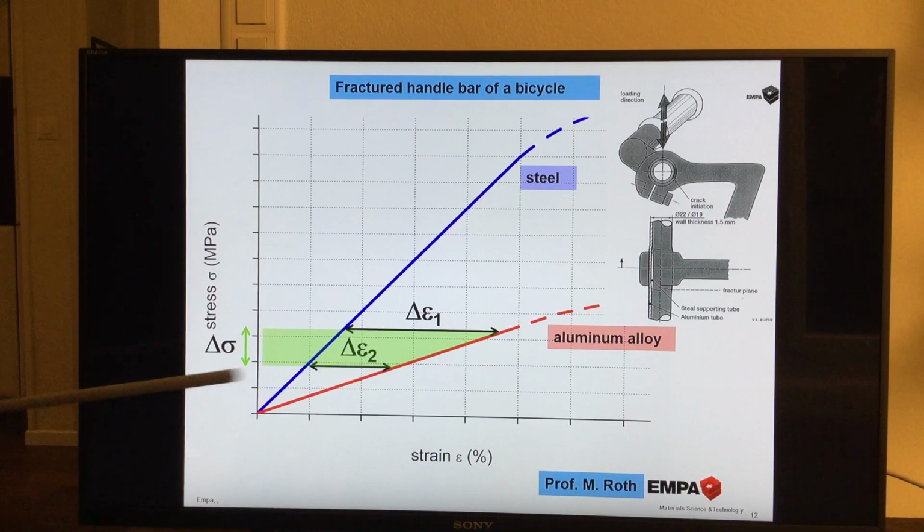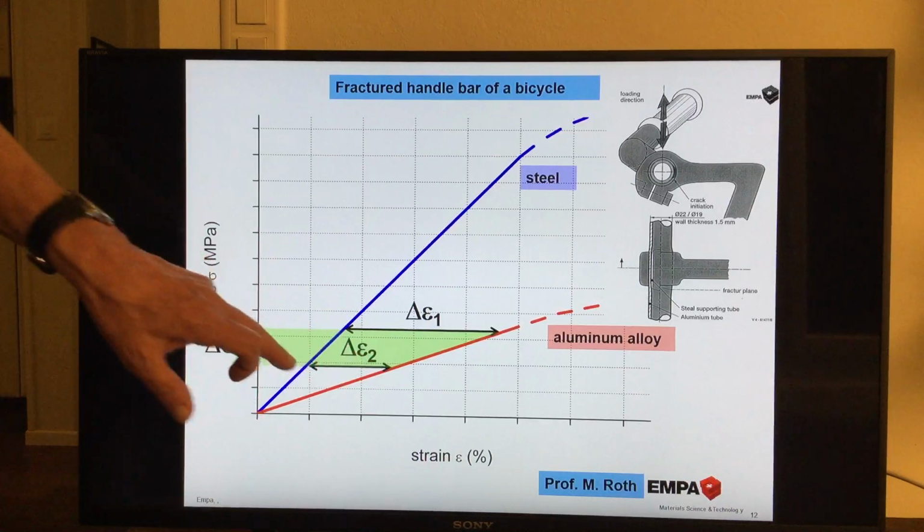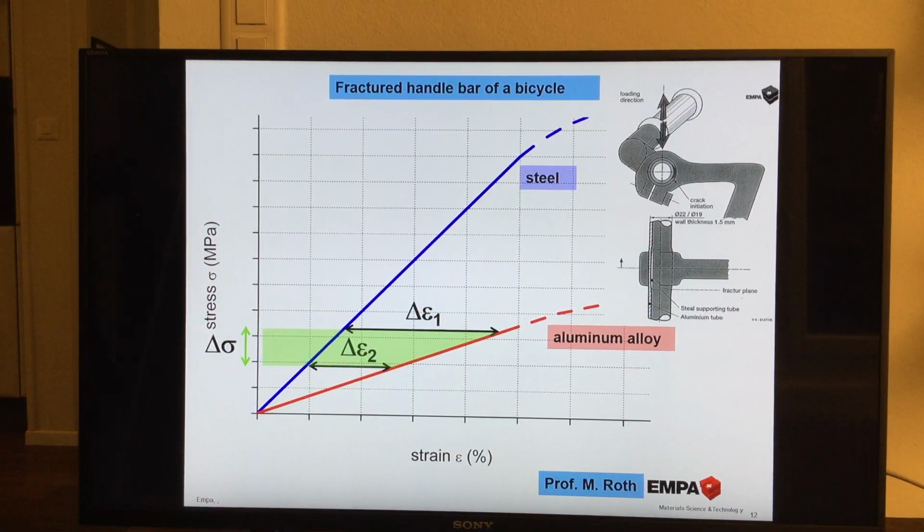And obviously there is a lower limit for this difference in deformation, so that this mechanism cannot work anymore.